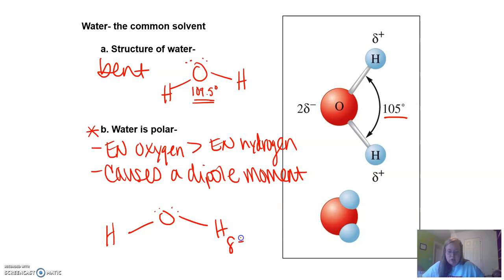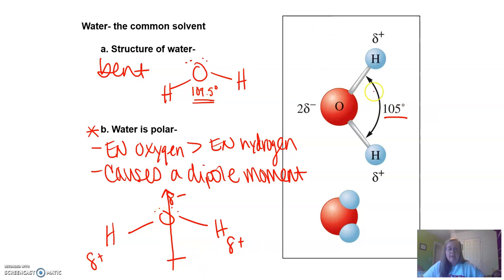Because this has a partial positive and your oxygen has a partial negative, we can draw the dipole moment, which just shows the unequal distribution of electrons, to be towards the oxygen. So it kind of goes upwards.